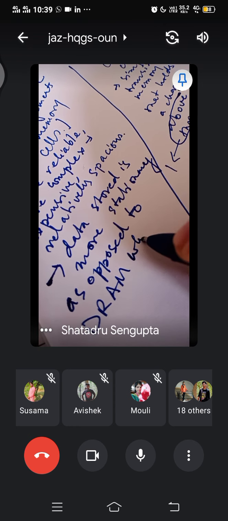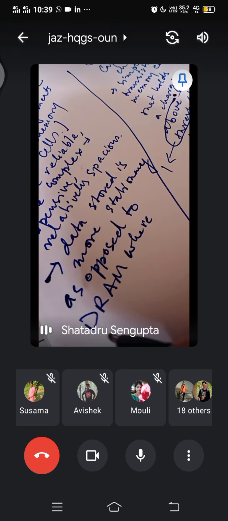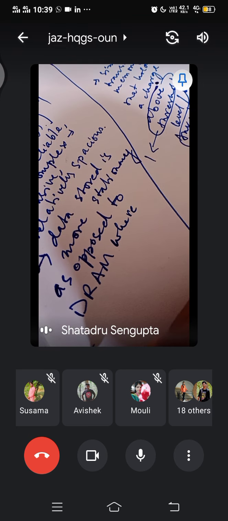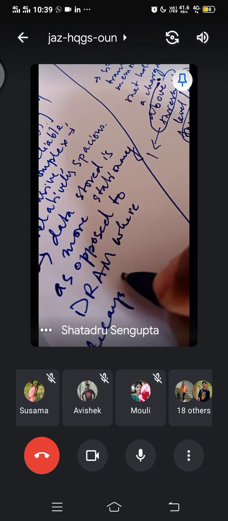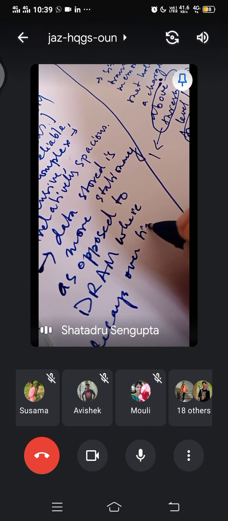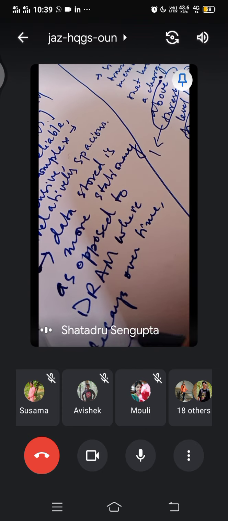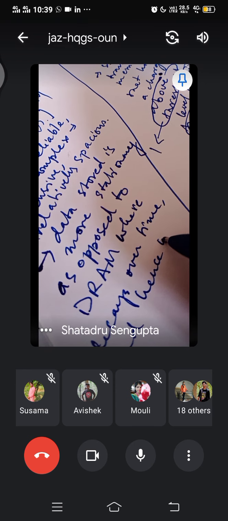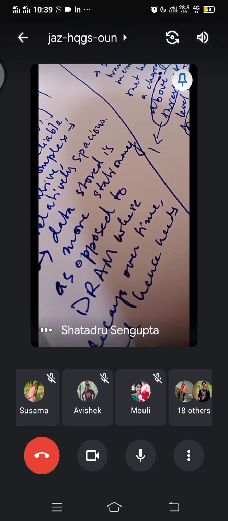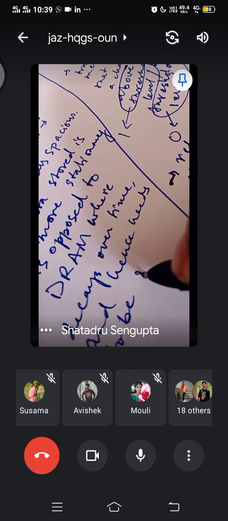In DRAM the data decays over time and hence needs to be refreshed.